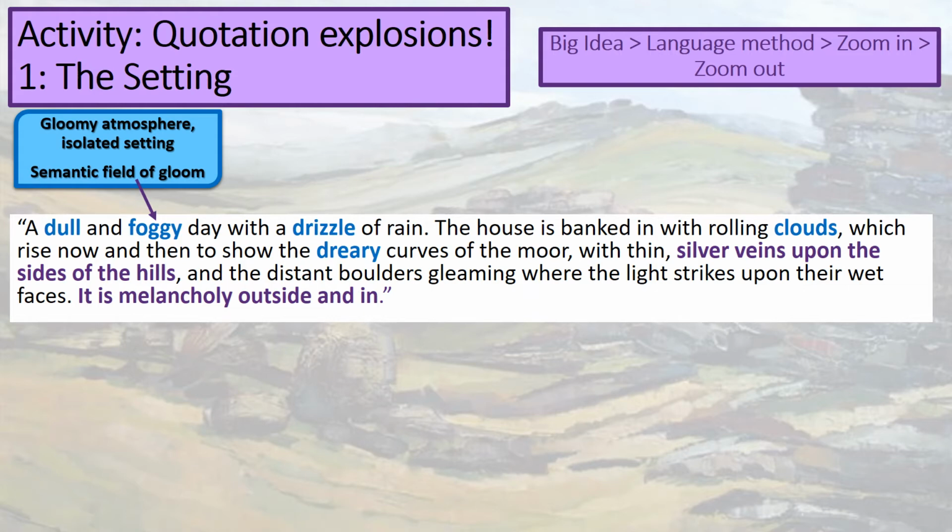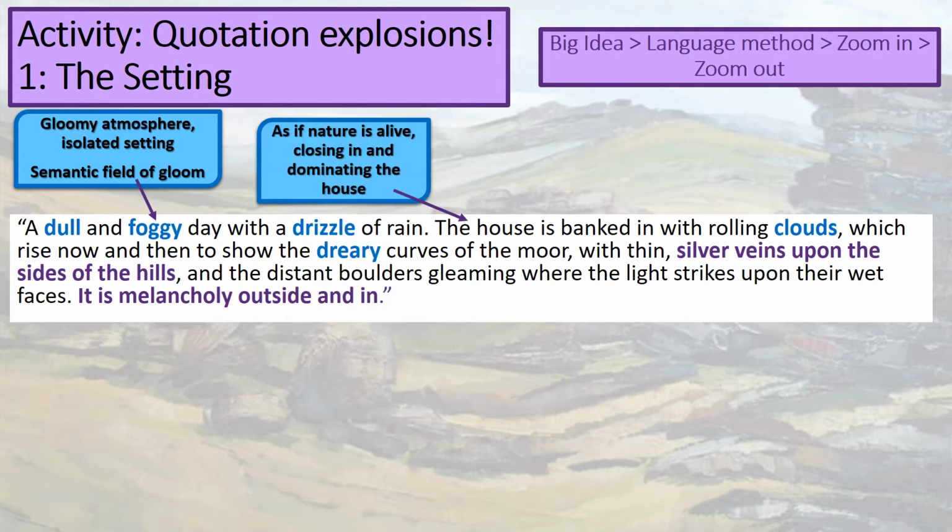And that's partly due to this semantic field of gloom, the words that I've picked out in blue: dull, foggy, drizzle, clouds and dreary. Remember, a semantic field is a group of words that all come together to create a mood and a meaning. So these words in particular help us to imagine just how dreary, how gloomy this setting is supposed to be.